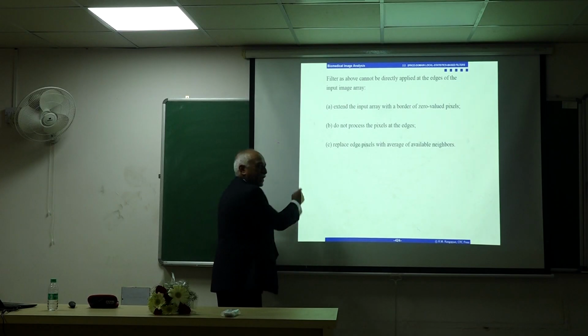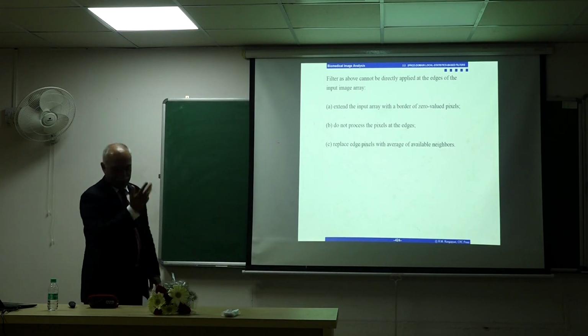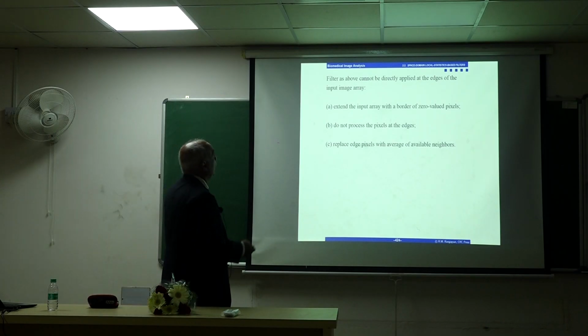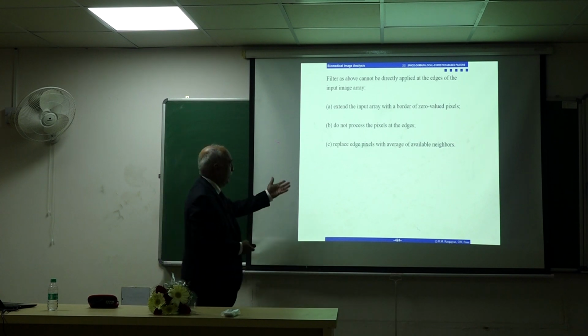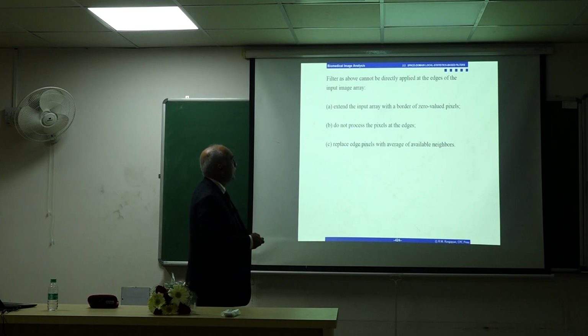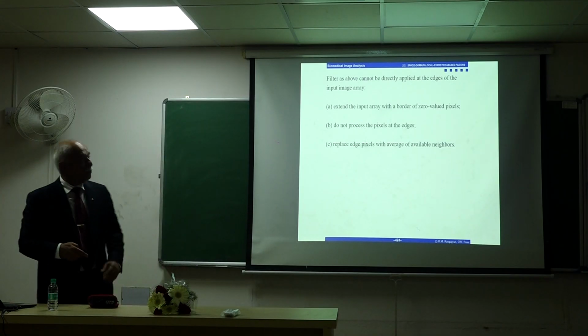I'll use only those neighbors, 1/2 of the window, and process. So that'll give you perhaps a passable result. So you may extend the input with a border of 0 valued pixels, which is effectively what I said. Or you do not process, but that leaves noise. Replace edge pixels with an average of available neighbors, which may be a better option.